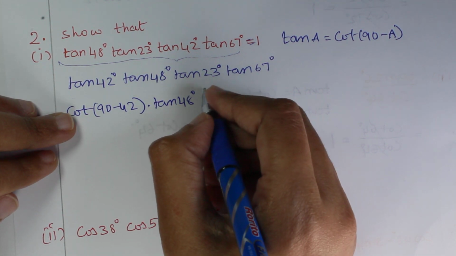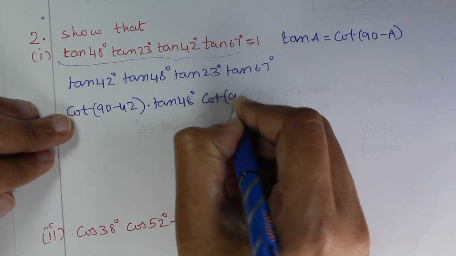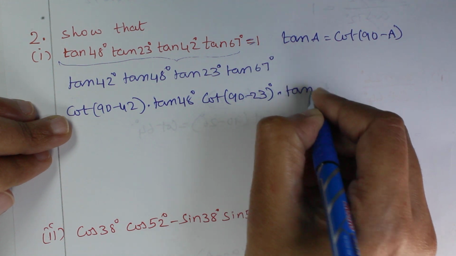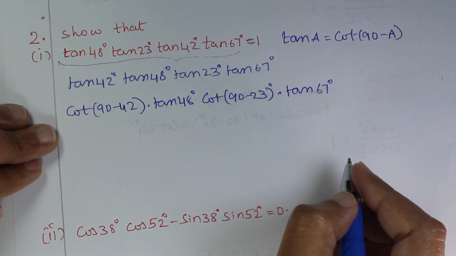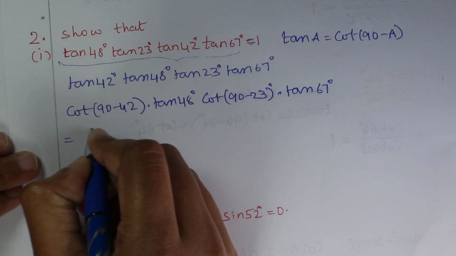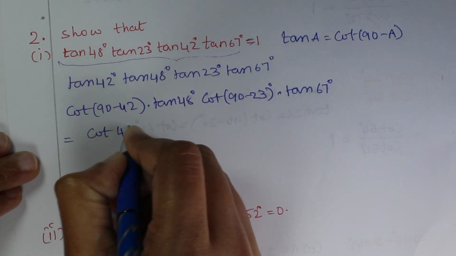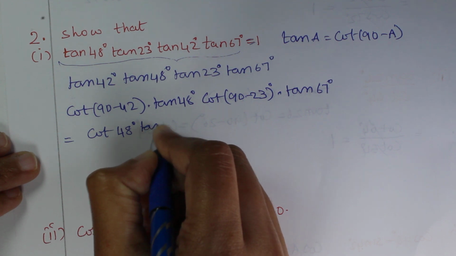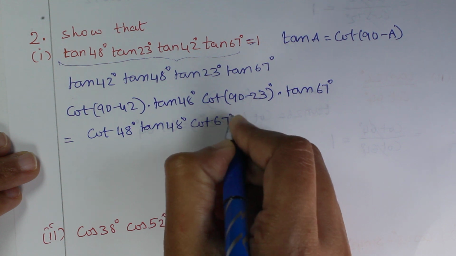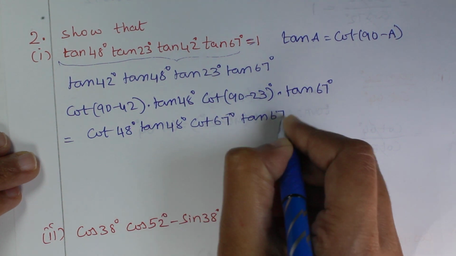Tan 23 becomes cot of 90 minus 23 degrees into tan of 67 degrees. Okay, now this becomes cot 48 degrees into tan 48 degrees into cot 67 degrees into tan 67 degrees.